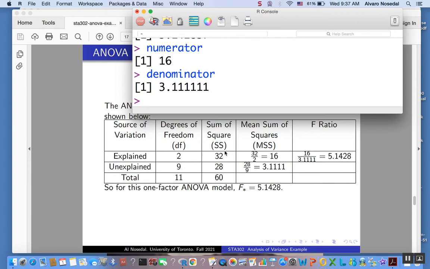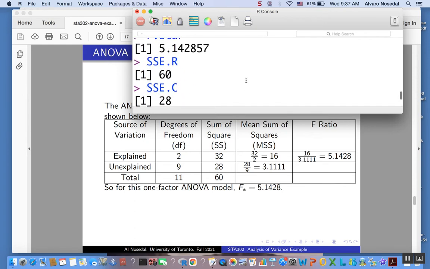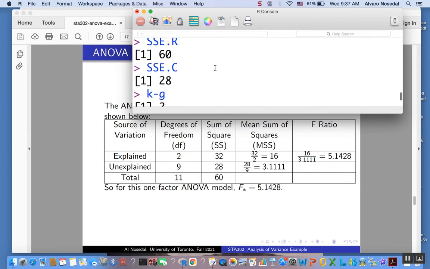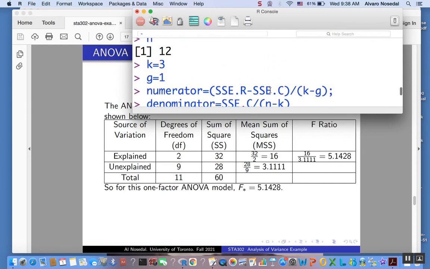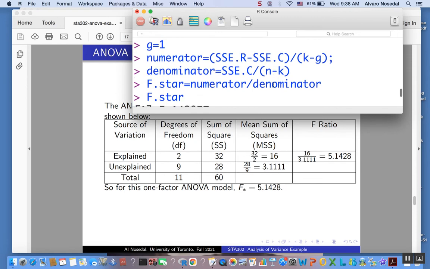This one here is the sum of squares for the reduced model, as we saw. You can find the one for the complete model, and then this one is just going to be the difference, which is exactly what we have here in our test statistic.